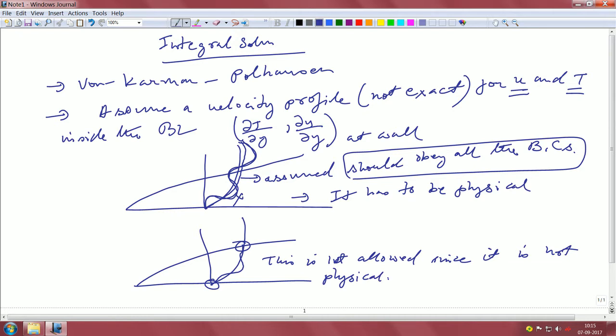That is the most important part, that it has to make common sense, and there is no mechanism through which this flow will make something like this, even though the boundaries are still satisfied. So, these are the two prime parameters that we need to get a feel of. One is that it has to obey the boundary conditions, second is that it has to obey the physics.